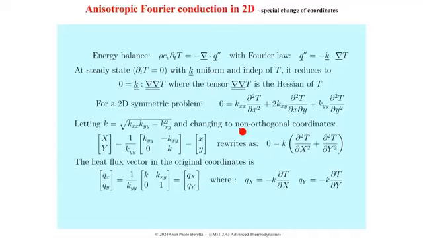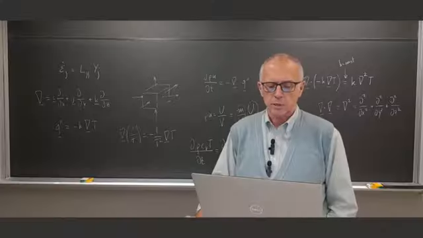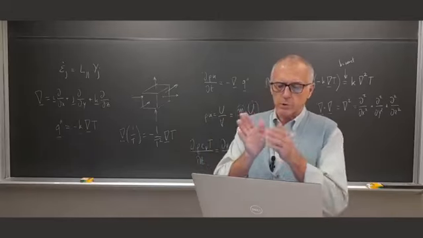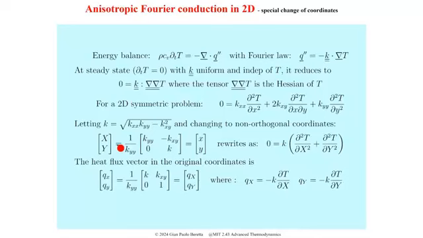So define non-orthogonal coordinates instead of the usual orthogonal x and y's, small x and y. You can define capital X and Y's. Here, actually, this is wrong. There is no equal sign here. This is just a multiplication, a linear combination of the original coordinates to give these coordinates which are at a certain angle between one another.